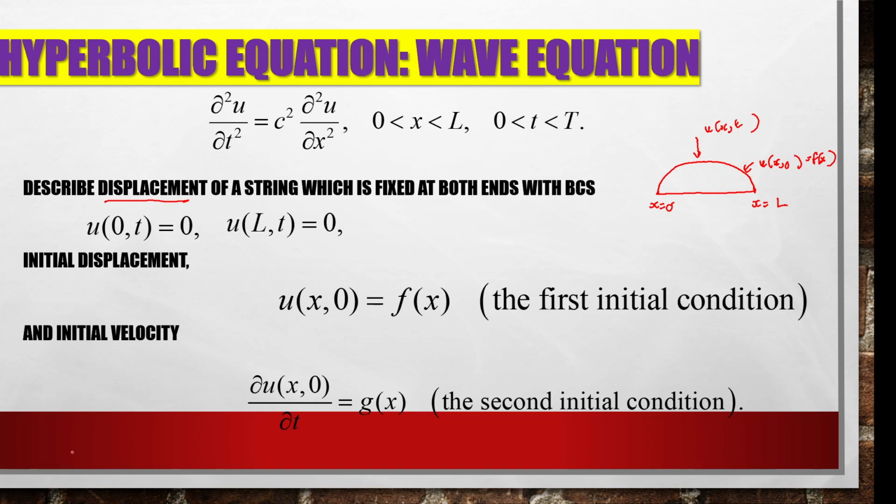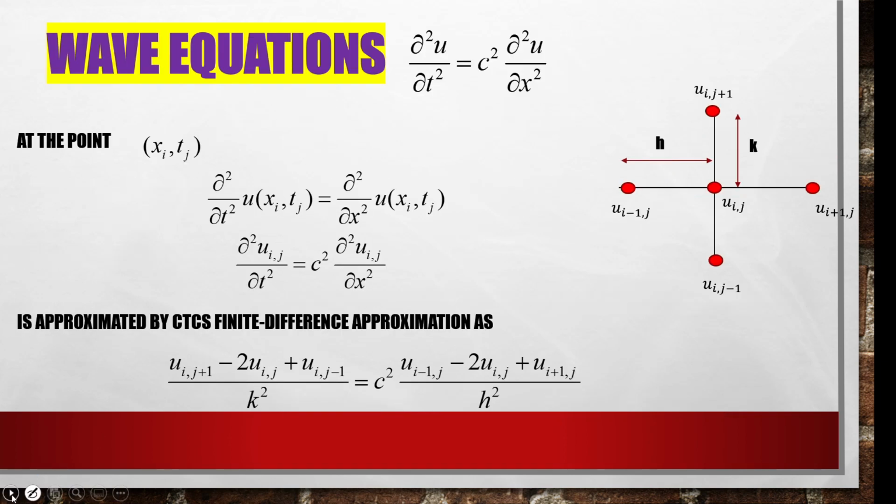Then we proceed to the next one. For the wave equation, same as the heat equation, we solve it using an explicit scheme. We solve the wave equation at the point (x_i, t_j), so u(x_i, t_j) can be simplified as u_{i,j}.